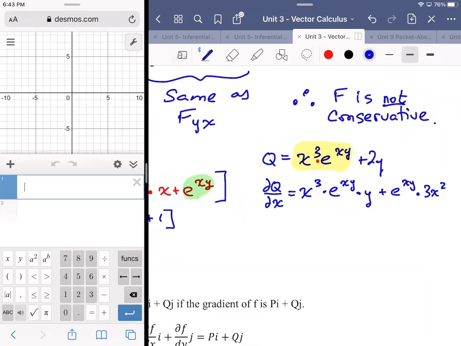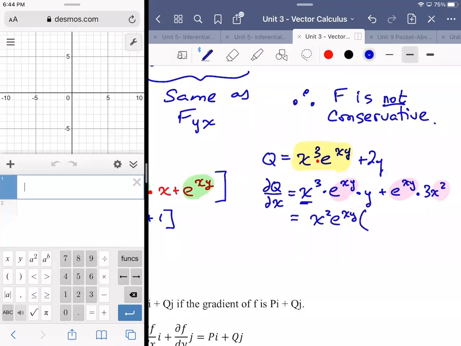All right. So I have my common factors here. I got an x squared, and I got an e to the xy that could be pulled out. I won't be able to pull out all of the x cubed, but I can pull out an x squared e to the xy.